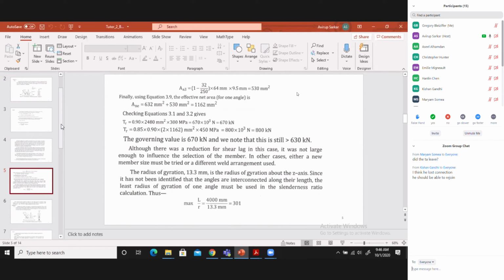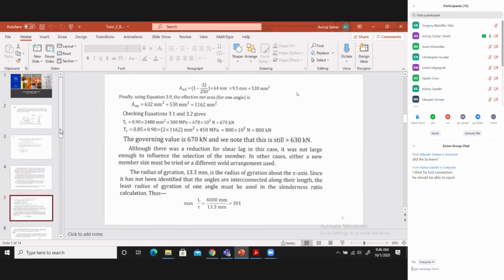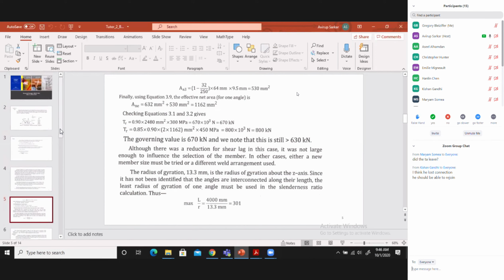Anyway, that is used, and calculating the maximum slenderness ratio gives me a value of 300, which is equal to the limit of 300. So that is okay. So this is how we calculate for tension member using welded connections.